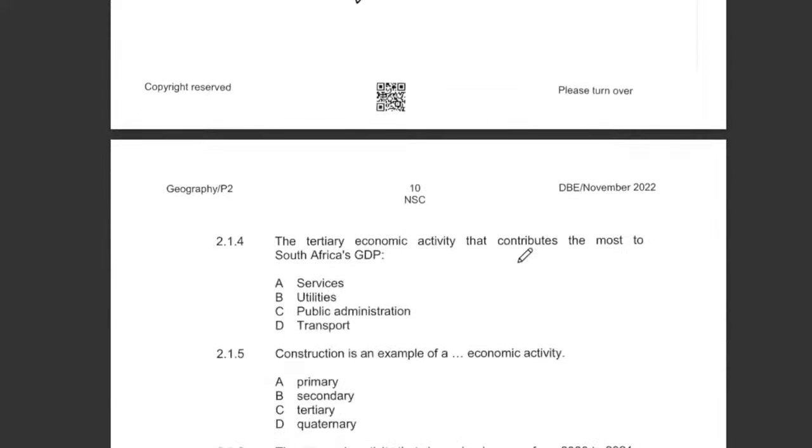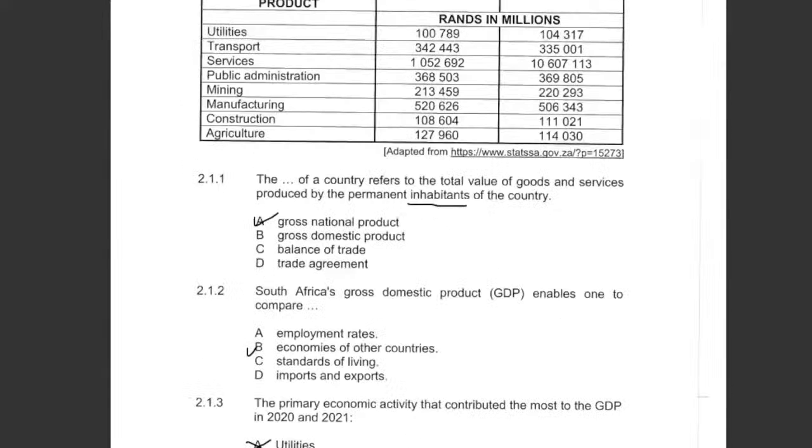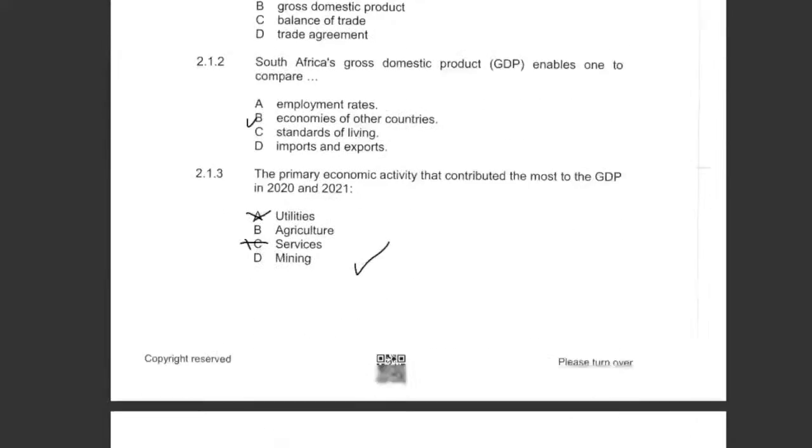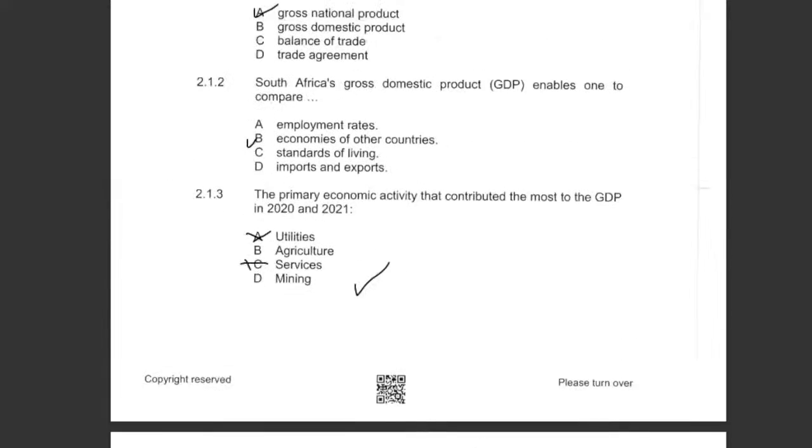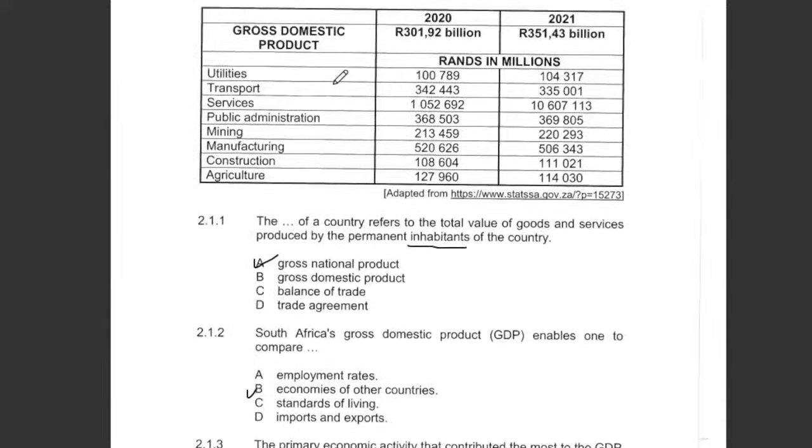A tertiary economic activity that contributes most to South Africa's GDP. We are looking at tertiary now. That means you're looking at service. There's a service here. There's utility, which is also a service. Public administration is a service. Transport is a service. But which one contributes most? So we come here, we look at those services.